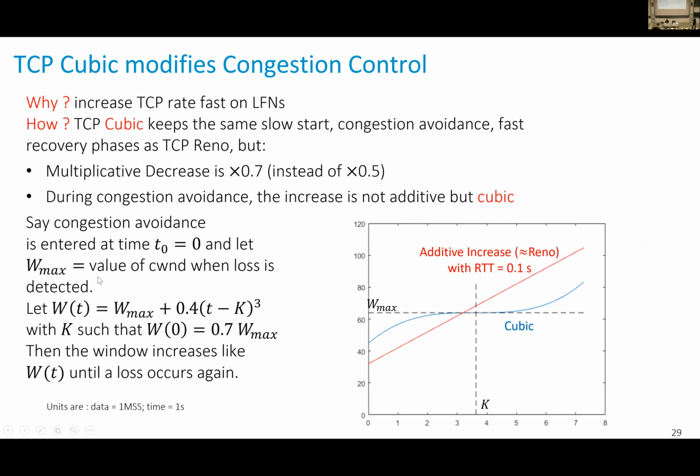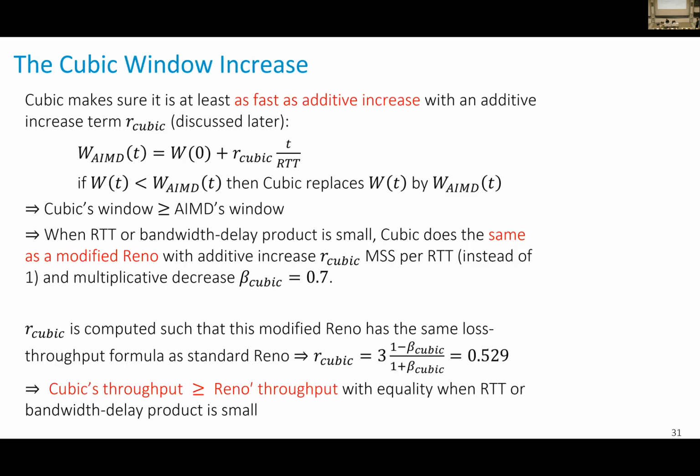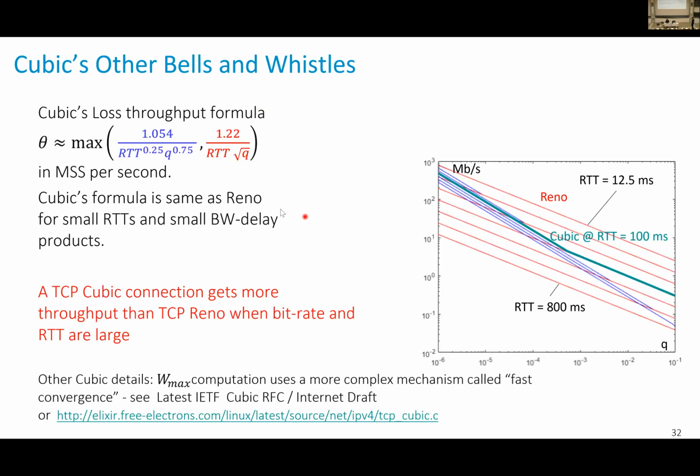So the increase term here is independent of the round trip time, so it will try to avoid the problem of the round trip time bias that TCP Reno has. As we see in the loss throughput formula, it does not entirely get rid of the round trip time. The RTT plays a role, but with a power 0.25, which is a very concave function. So it's much less severe.